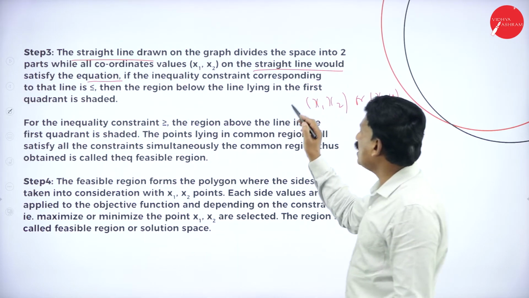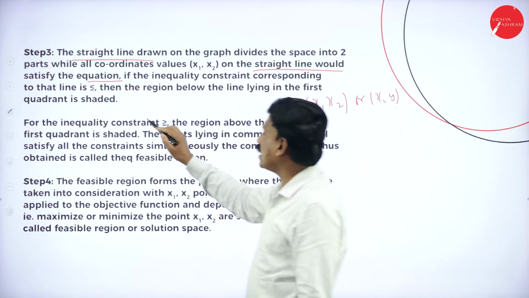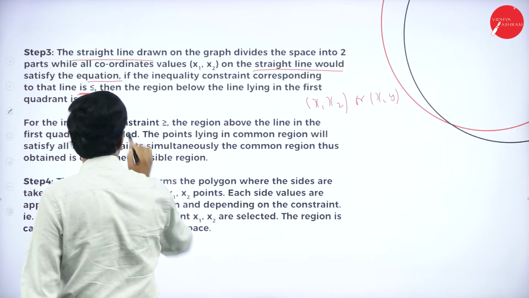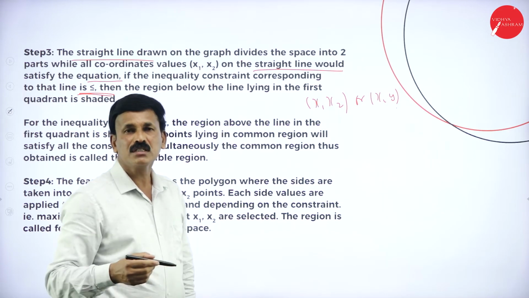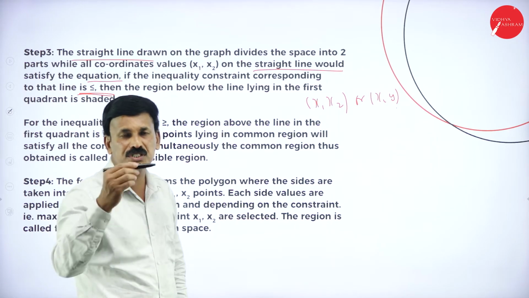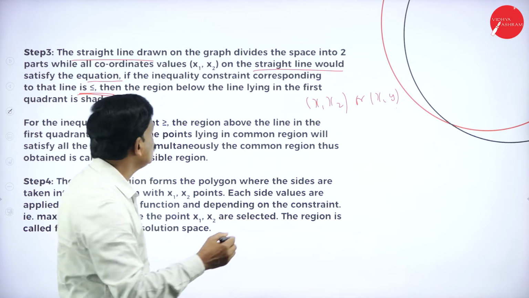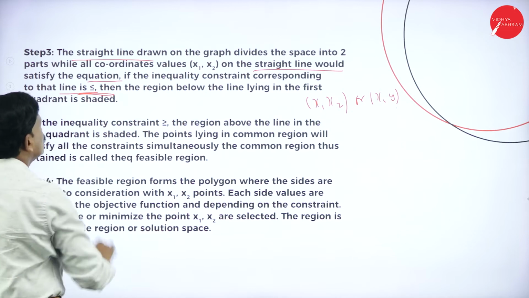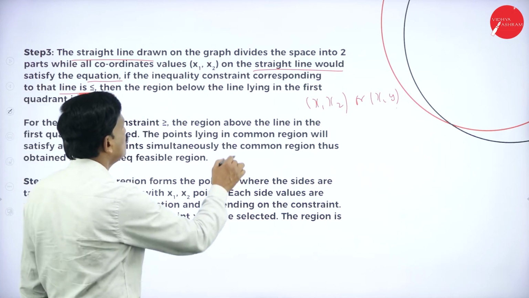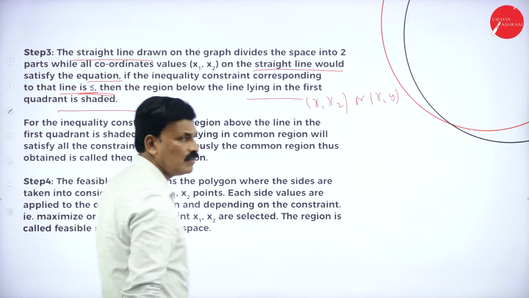If the inequality constraint corresponding to the line is less than or equal to, then the feasible region lies towards the origin. If the inequality is less than or equal to, then the region below the line in the first quadrant will be shaded.